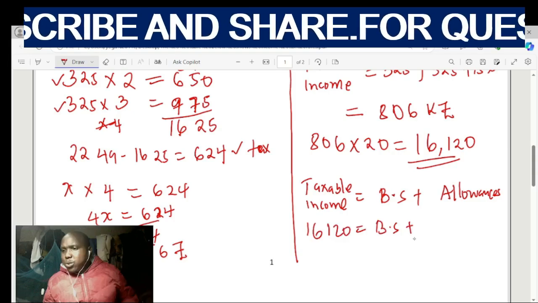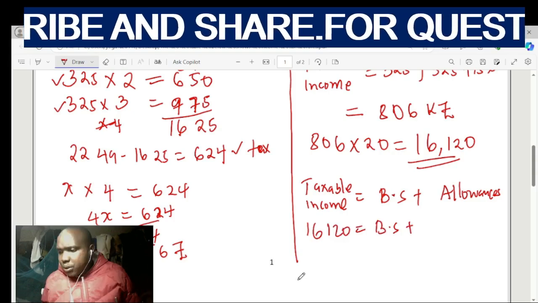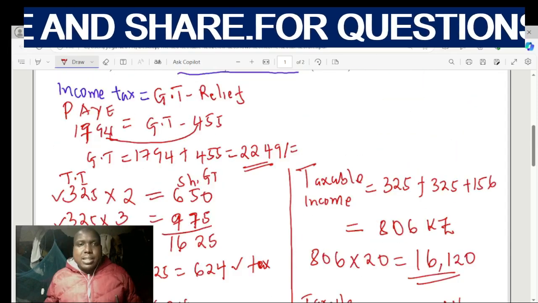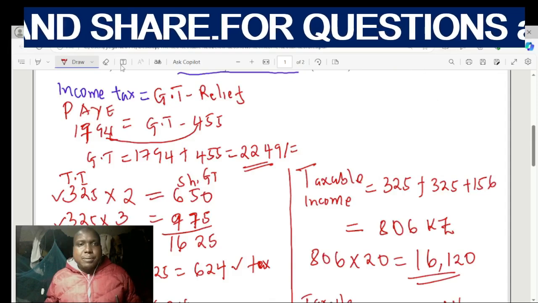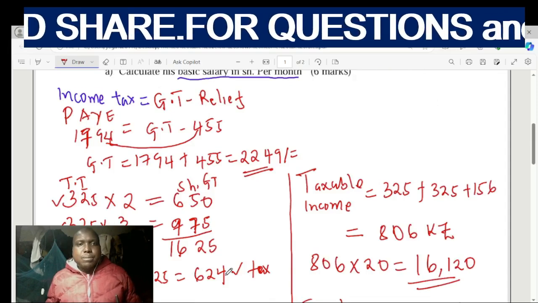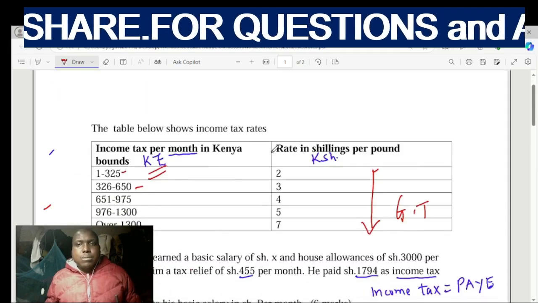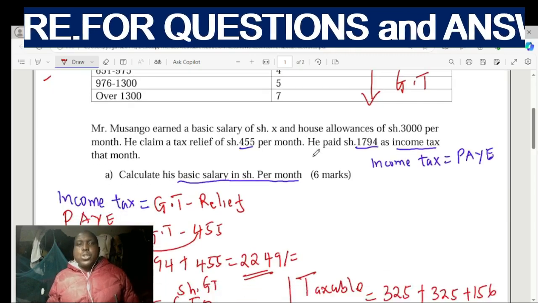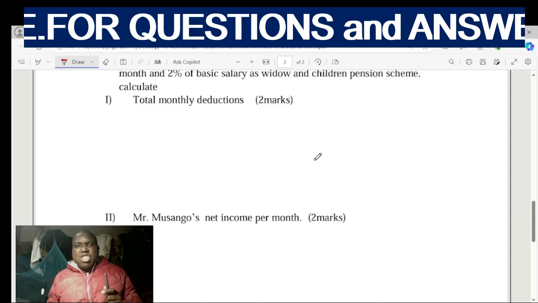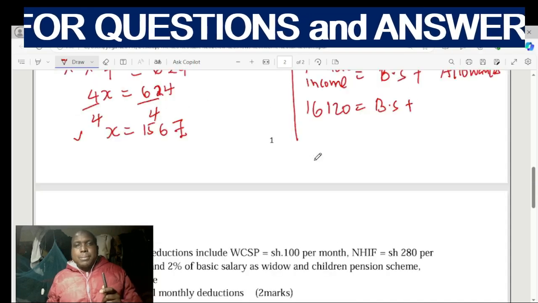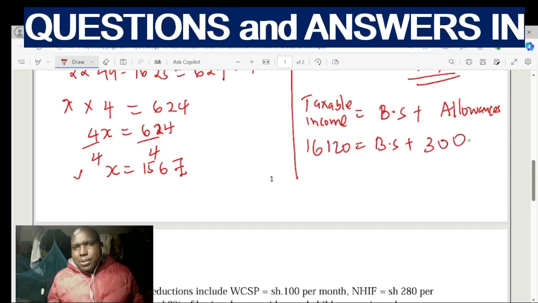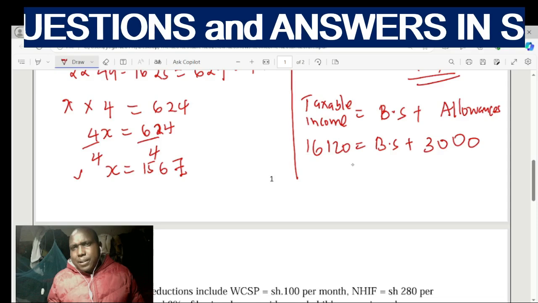Allowances tulikuwa tumepewa, you go back to the question. Alikuwa amepewa 3,000. Allowances of shilling 3,000 per month. So we add plus 3,000. This one will give us taxable income.